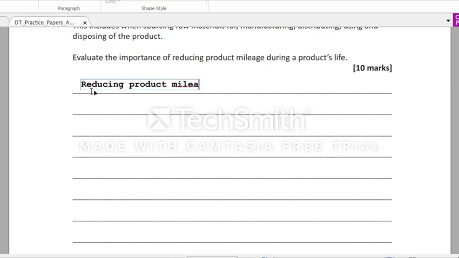Okay, sites. At the end, leads to global warming.